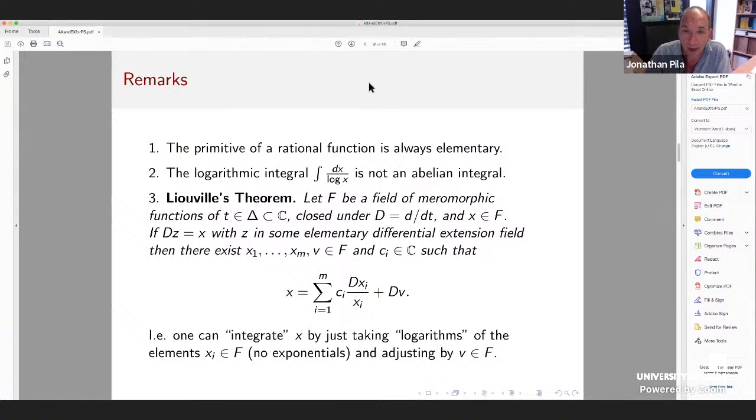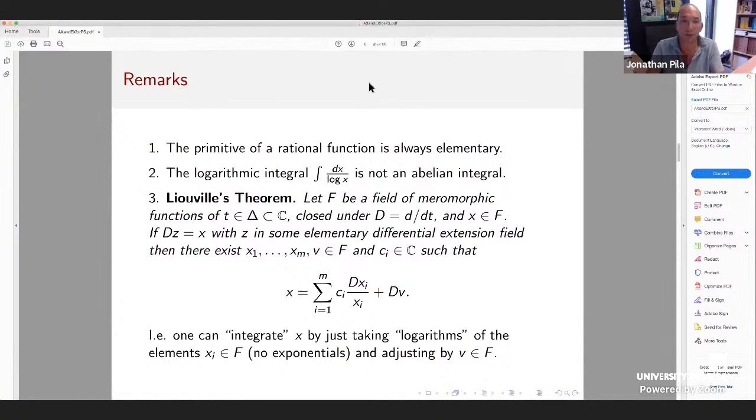So it says that if you have any differential field F of meromorphic functions, so closed under differentiation, and x is an element of that field, then if you can find an antiderivative z of x in some elementary differential extension field, then in fact you can always do it in a very specific way, that you can find x1 up to xm and some v in the field and constants ci, such that x is the sum of ci dxi over xi plus dv.